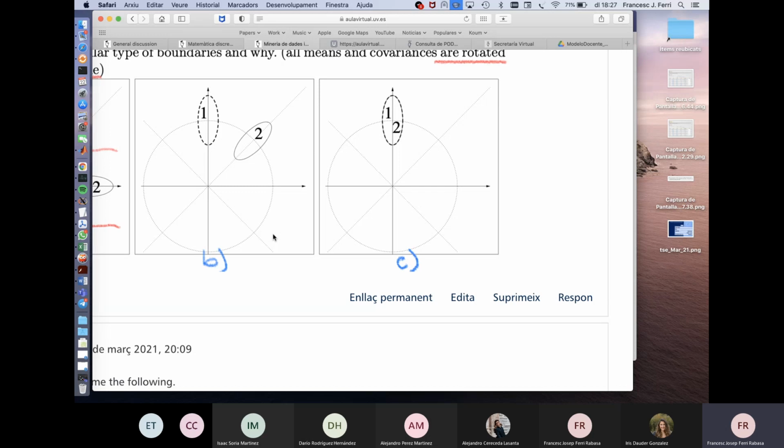So again, which is the boundary of the Bayes classifier? The boundary is the region of the space where the decision of the classifier changes. There is no boundary there. No boundary.